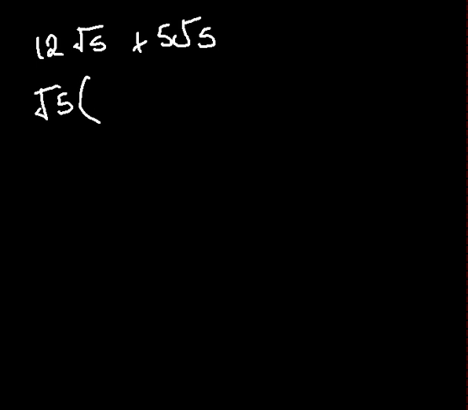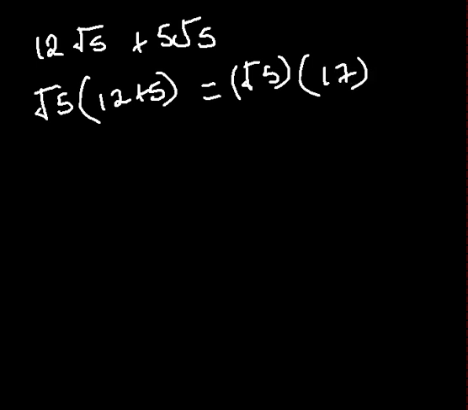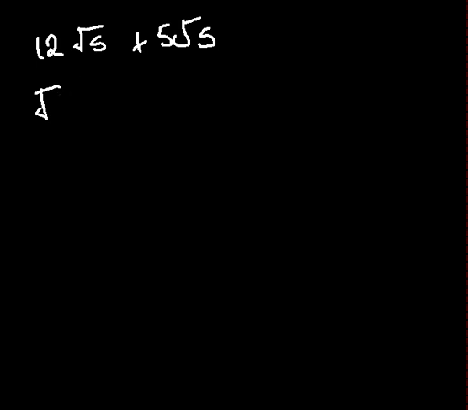What we are remaining with is 12 plus 5, so the square root of 5 times 17. So we have 17 times the square root of 5, which is the same as that. Keep that in mind. Simply, we just have to add or subtract the coefficients there. That is the principle behind all of this, as you can see.